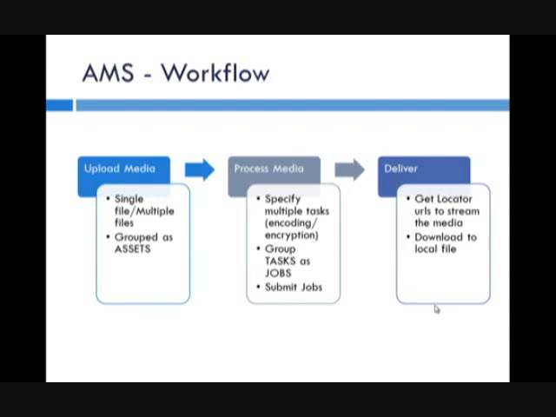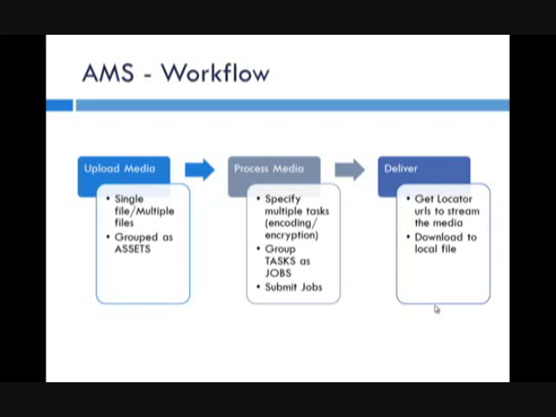The Azure Media Services workflow looks like this. You upload a media, then it gets processed, then finally it gets delivered. When you upload a media, you can upload a single file or multiple files. All these uploads are grouped into a single group called an asset. Whatever you upload at a single shot becomes a single asset. Then the processing of media. Now you can go ahead and submit jobs for each of the assets to transcode it, to encode it, to make it PlayReady protected, or to make it readily available for smooth streaming.